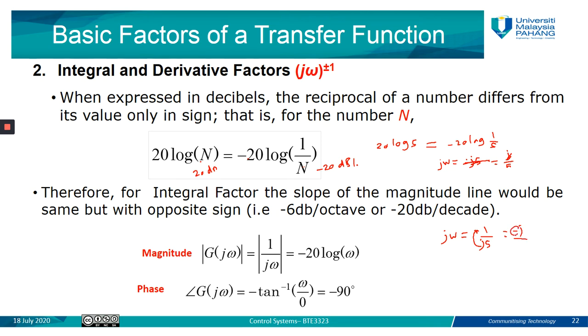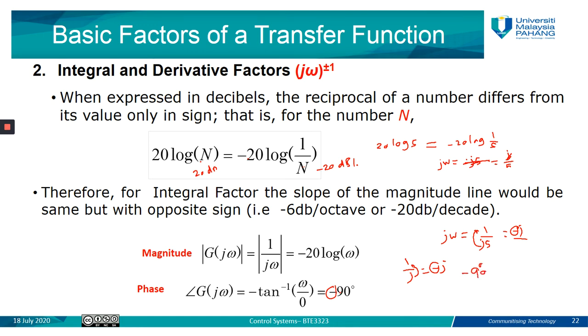If you have negative j here, the angle of negative j will be negative 90. 1 over j, if you take it up, will equal negative j. So if you take j up for the imaginary number operator, you get negative j, and negative j means an angle of negative 90 degrees.